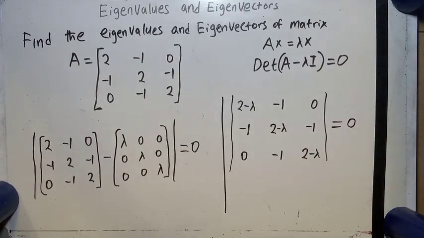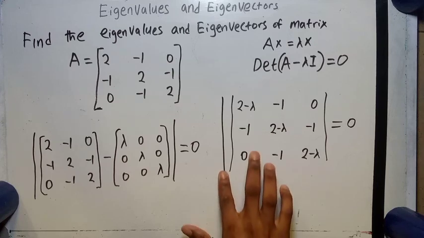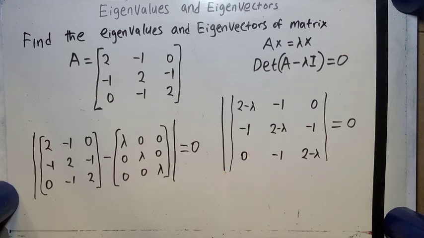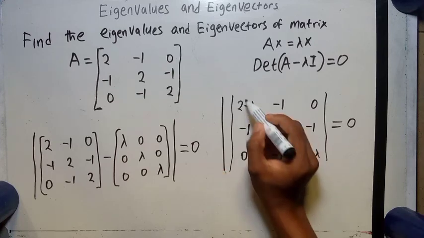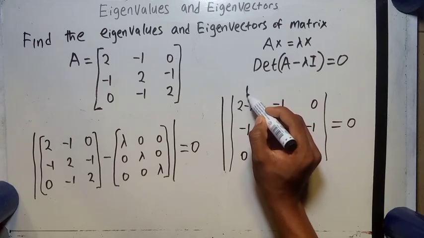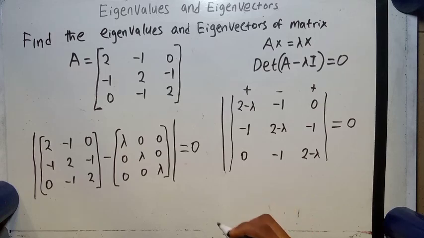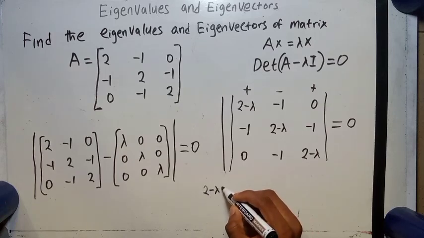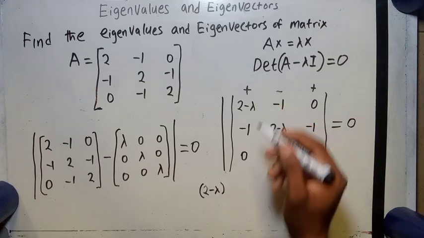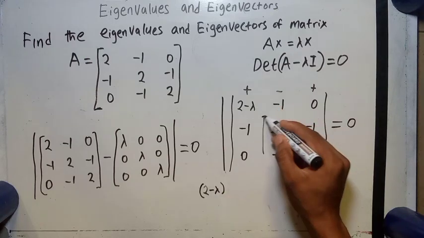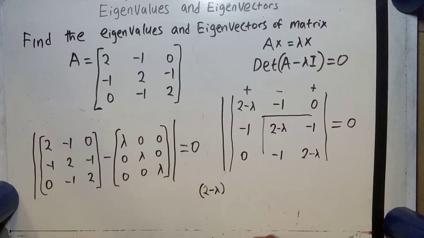Okay, so this is what? A 3 by 3 matrix. And we know how to find a determinant now. You go and add your signs here. For the first one, your 2 minus lambda, which is this one, then every other thing that's not in its row and column.